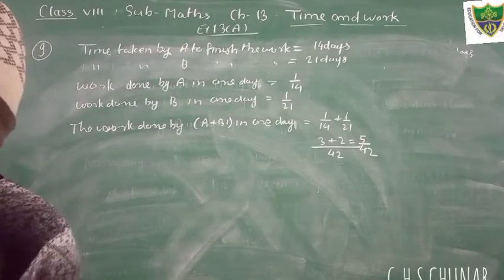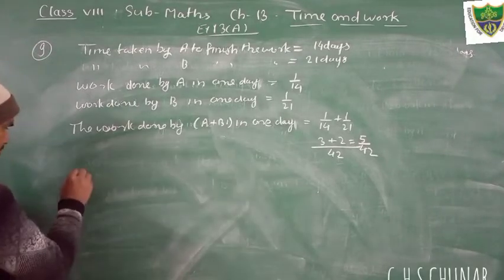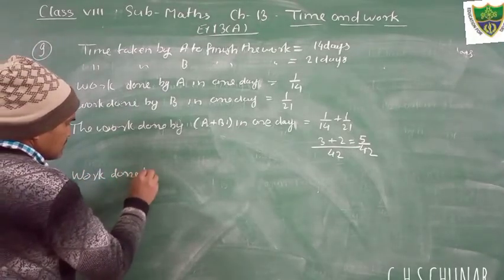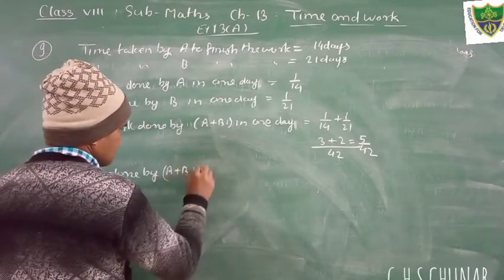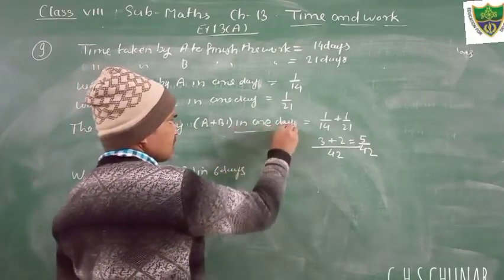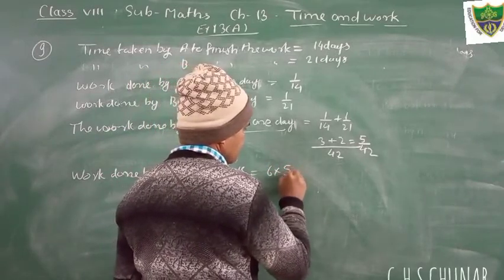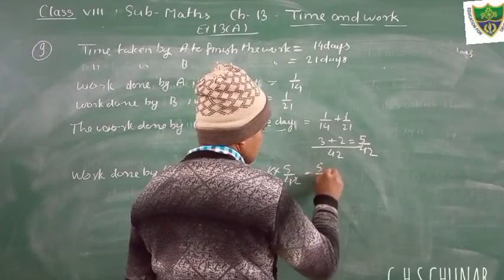Now the question says they begin together and work at it for 6 days. Work done by A plus B in 6 days is 6 into 5 upon 42, that is 5 upon 7.